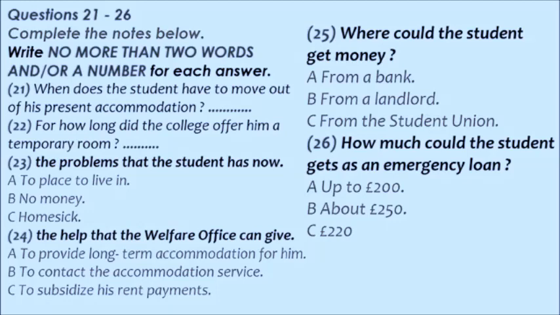You will hear a conversation between Caesar and a welfare officer. As you listen, answer questions 11 to 20. First, you have some time to look at questions 21 to 26. Now listen carefully and answer questions 21 to 26.